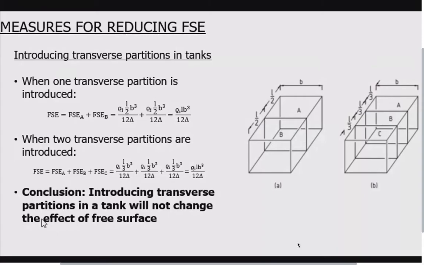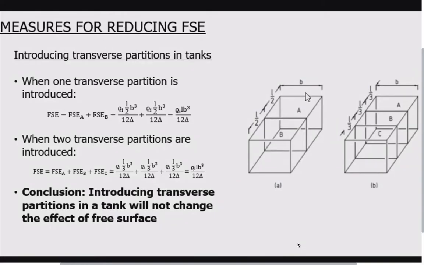So if you have a tank like this with a partition, the same tank but with partitioning, when one transverse partition is introduced, then each and every tank needs to have its own free surface effect. So you have to calculate the free surface effect on each.